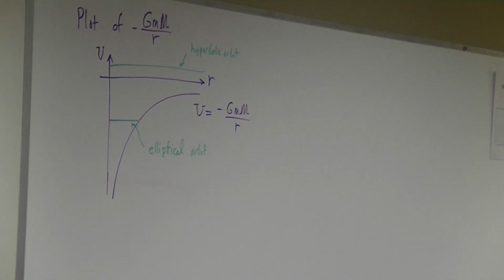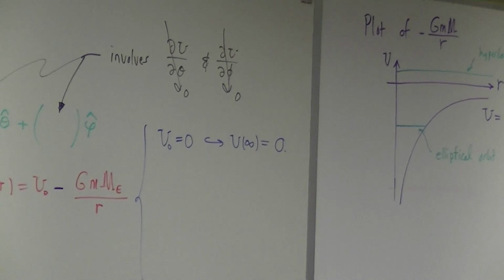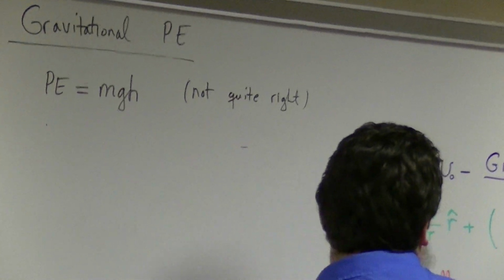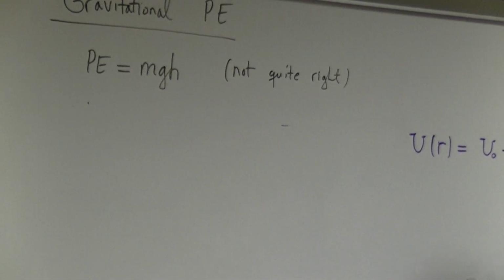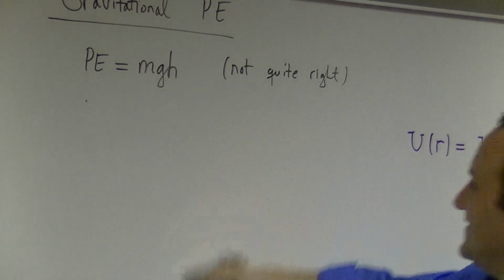Well, the answer as usual is math. So let me work that out for you. That is always the answer. I guess there's experiment, but let's not let that cloud the issue here.